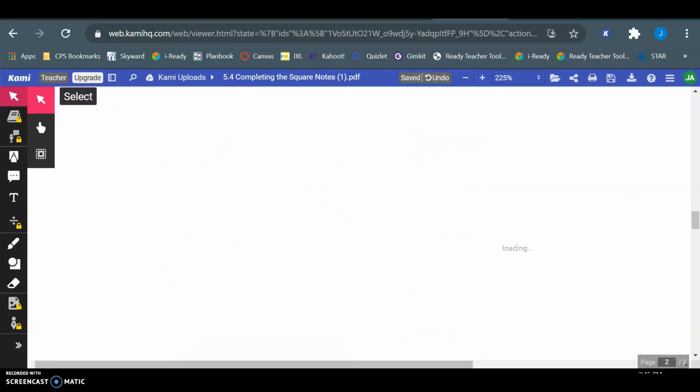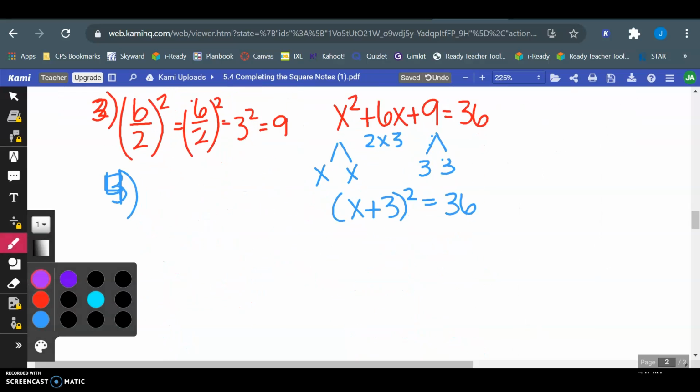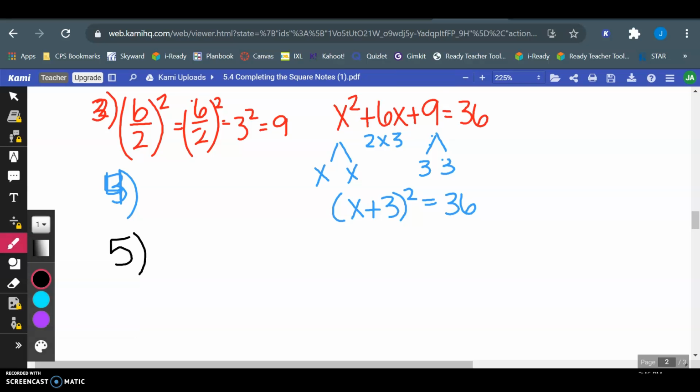All right, now step 5. We are going to take the square root of both sides. So when I take the square root of x plus 3 squared, I'm going to be left with x plus 3. And the square root of 36 is positive and negative 36.